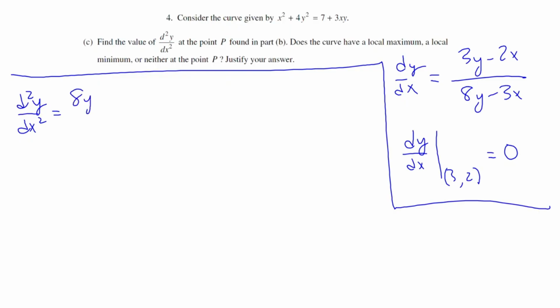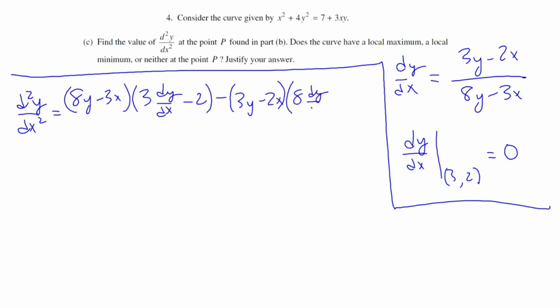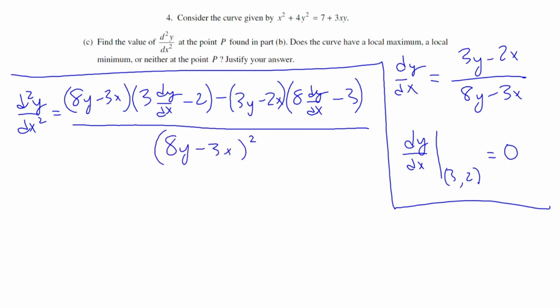It'll be the denominator times the derivative of the numerator, which is going to be 3 dy/dx minus 2, and then minus (3y minus 2x) times the derivative of 8y minus 3x, which will be 8 dy/dx minus 3, all over (8y minus 3x) squared. Now, we know already that all of our dy/dx terms are just zeros.